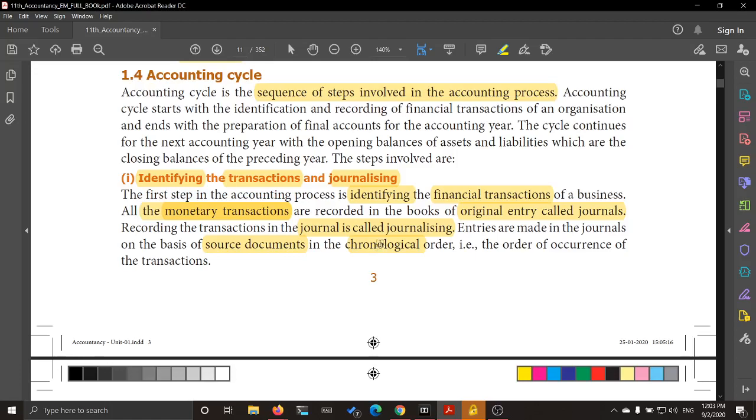So you identify the transaction which has got financial value and can be measured in terms of money, and that you record, you call it journals. And after journalizing you have to see that there is proof for those transactions from the source documents and they must be entered in chronological order.